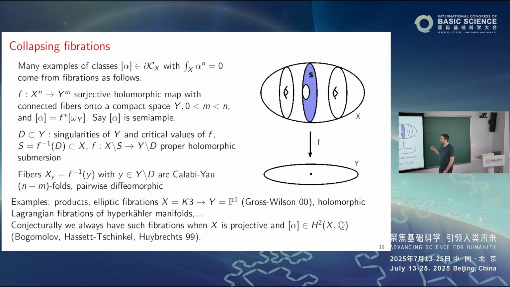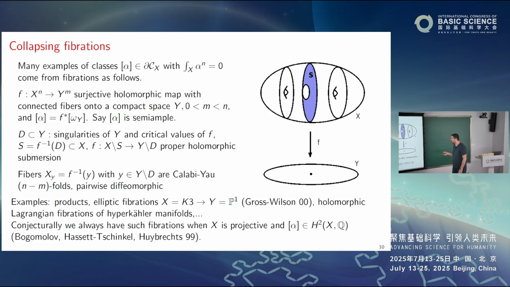It's a closed analytic subvariety. So D and S are very small sets, in particular rectifiable, real Hausdorff codimension 2. And if you remove them, your map is very nice. It's a proper holomorphic submersion. In particular, in the C-infinity category, it is a fibration in the usual sense. So f is basically some kind of fibration with singular fibers.